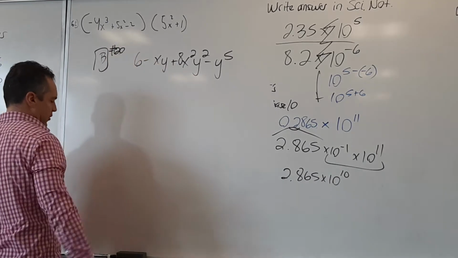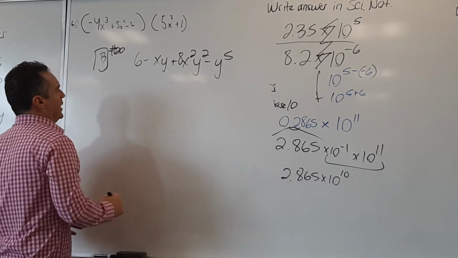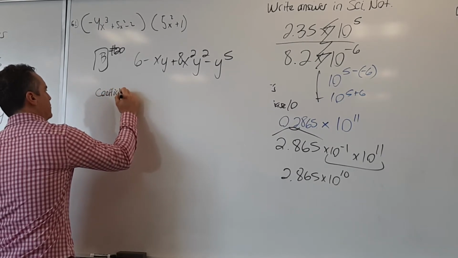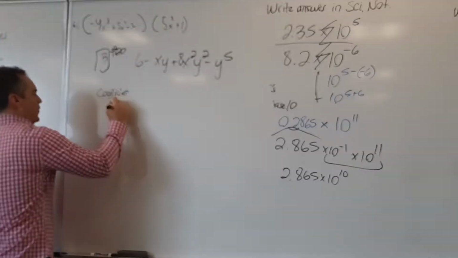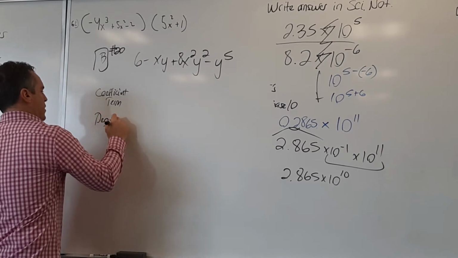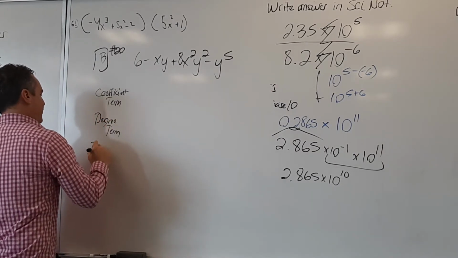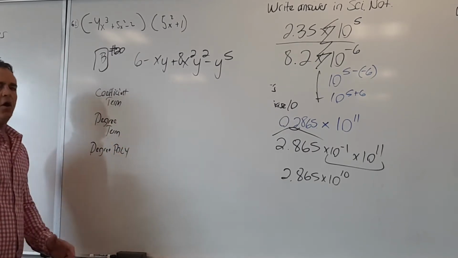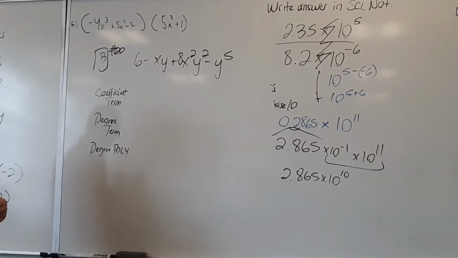You put it in your homework, you'll get extra credit for it. They're asking us to identify the coefficient of each term, the degree of each term, and the degree of the polynomial. So help me out here. I don't want 2 people answering these questions. I want all of you participating.